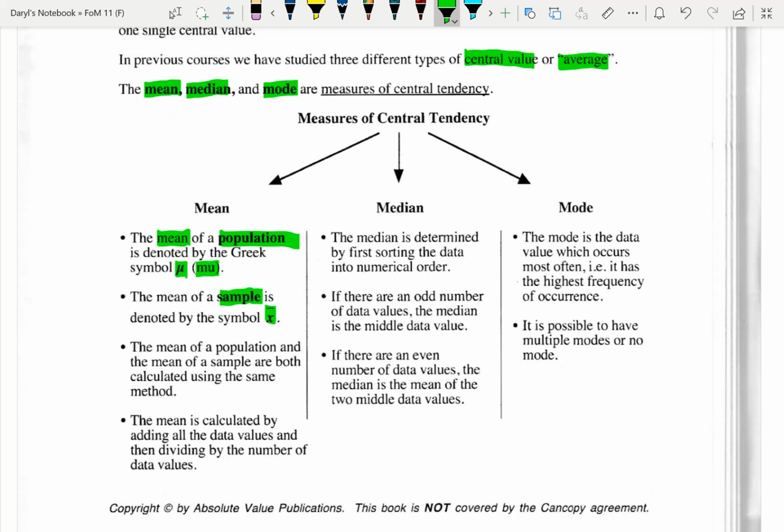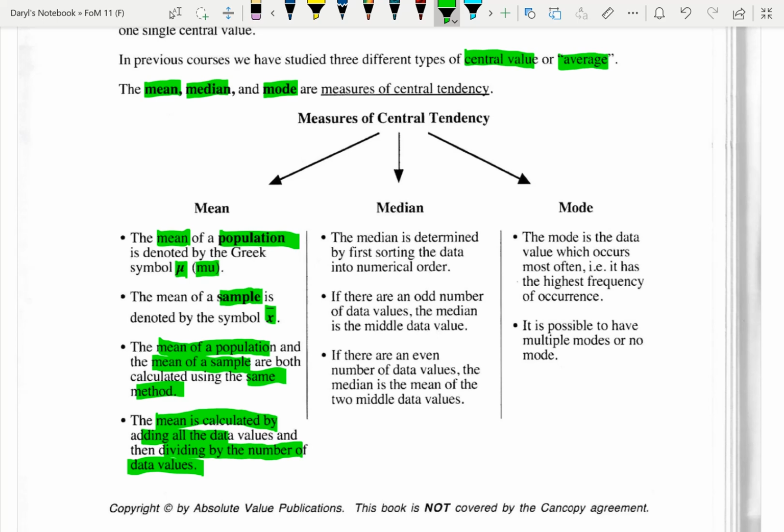The mean of a population and the mean of a sample are both calculated using the same method. The mean is calculated by adding all the data values and dividing by the number of data values. That's how you get the mean.